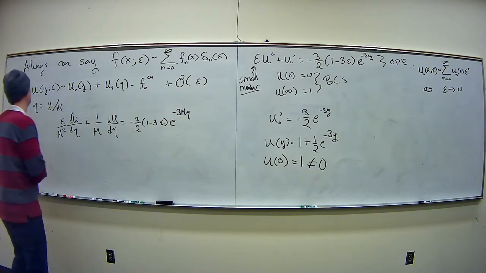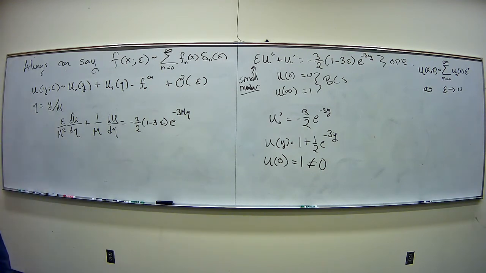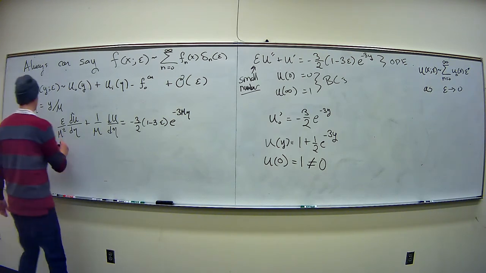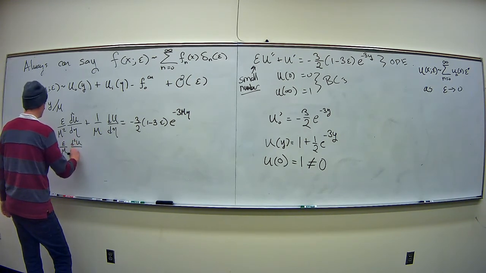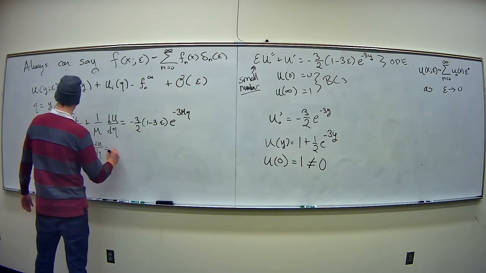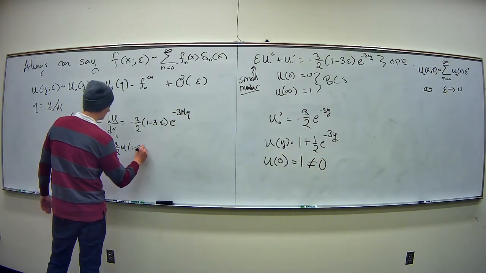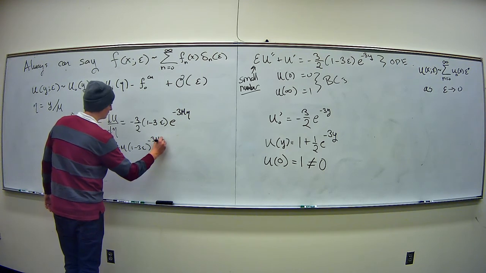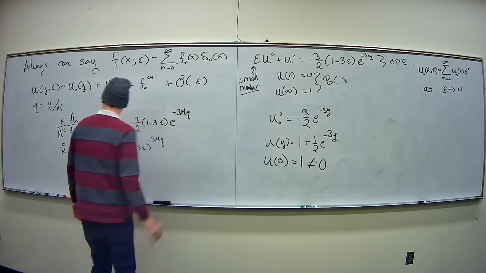Scale these two terms. Okay. What did I do? I multiply through by an m. So I multiply through by an m.